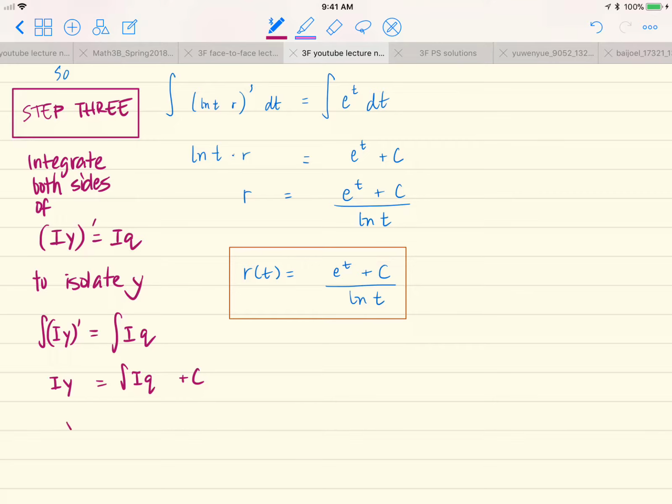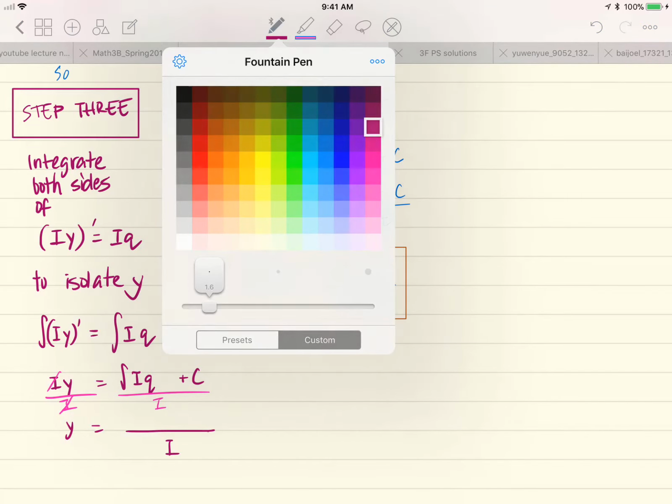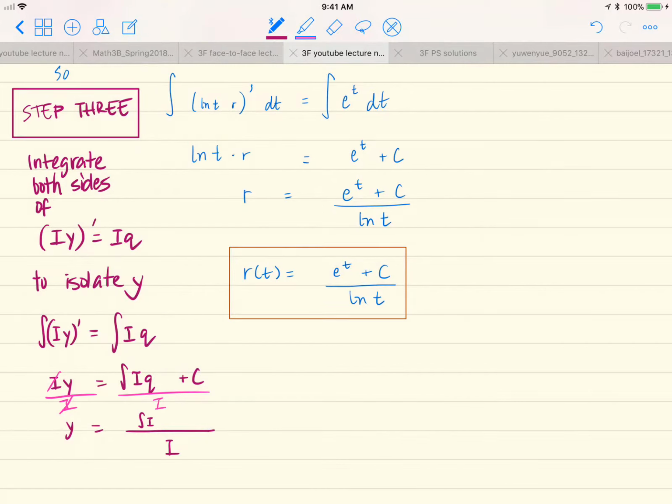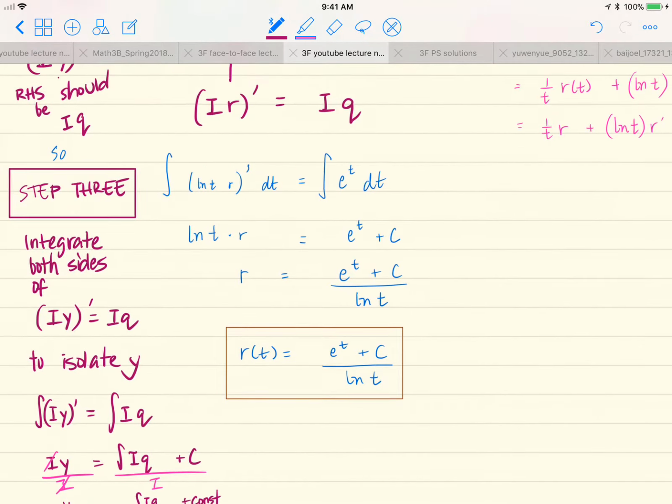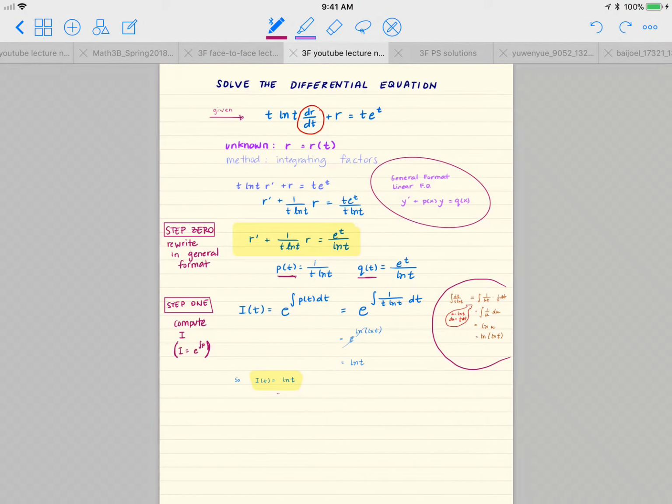And so y is going to be equal to all of that divided by I. We're just dividing both sides by I, and you get y by itself: the integral of I Q plus a constant. So that's the general method.